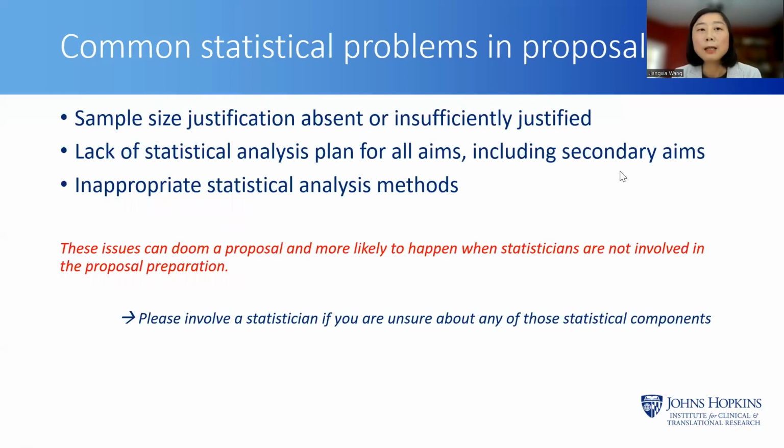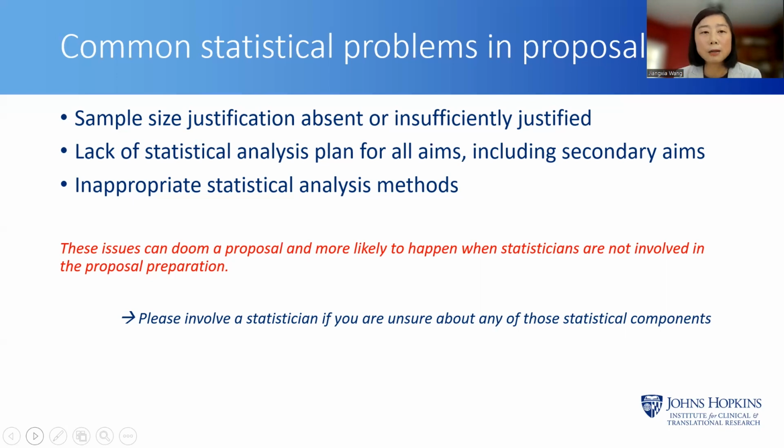I would like to point out some of the common statistical problems we saw in proposals. One is that the sample size justification is absent or insufficiently justified. Oftentimes, I also see that people carry out a sample size calculation, but they didn't provide any information about the assumptions for those parameters.